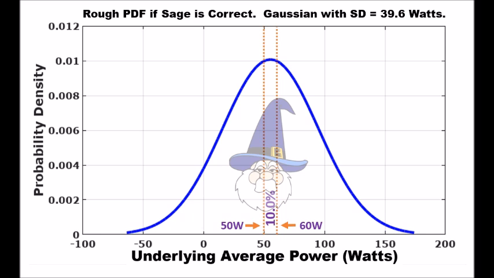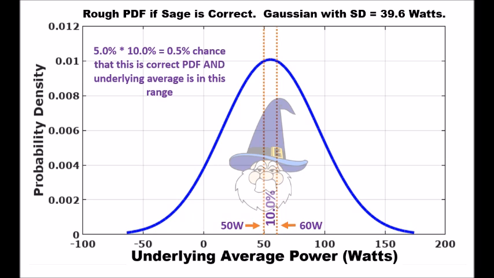What we can say is that we have a 5% times 10% or 0.5% chance that this is the appropriate PDF, and that we then have an underlying average between 50 and 60 watts. In other words, a 5% chance that our standard deviation is in that 45 to 55% range, so that this is the applicable PDF, multiplied by the 10% chance that our underlying power is between 50 and 60 watts, given that this is the applicable PDF. Think about this a bit.